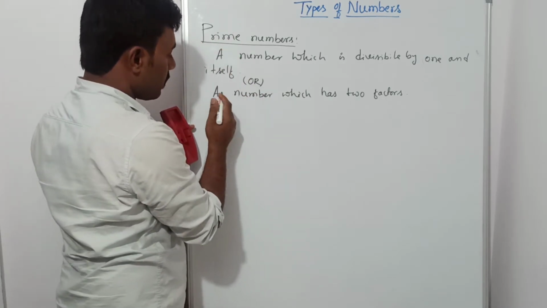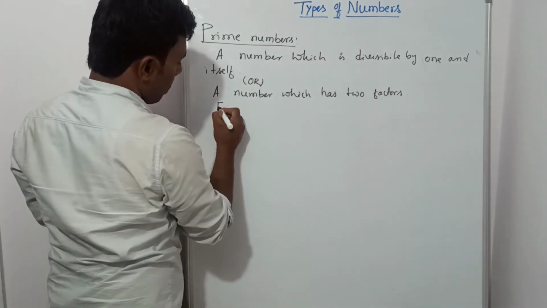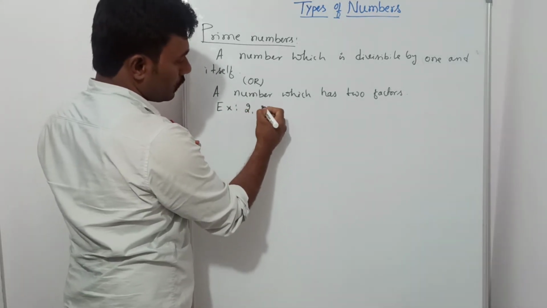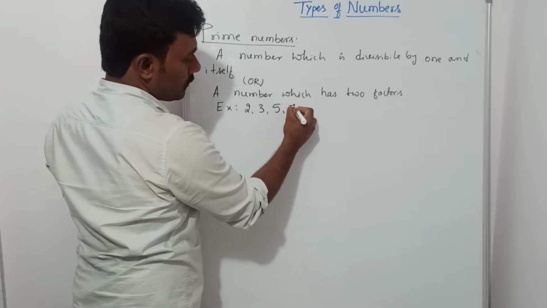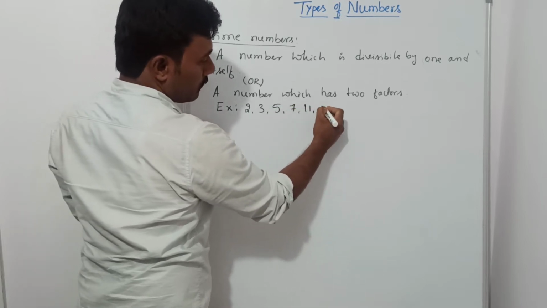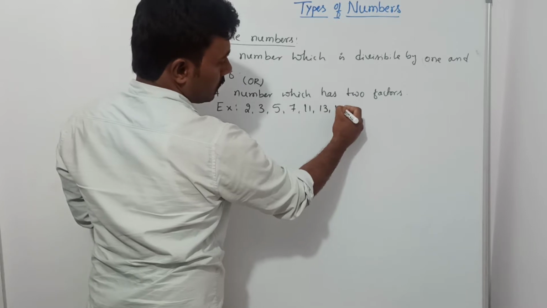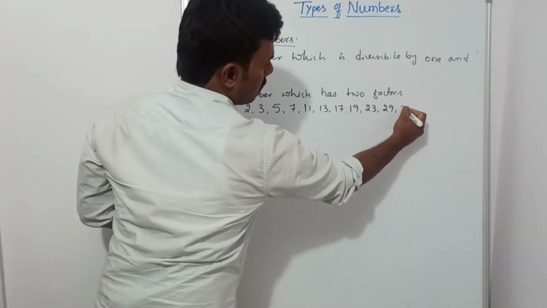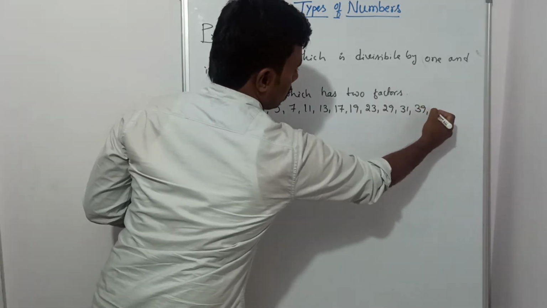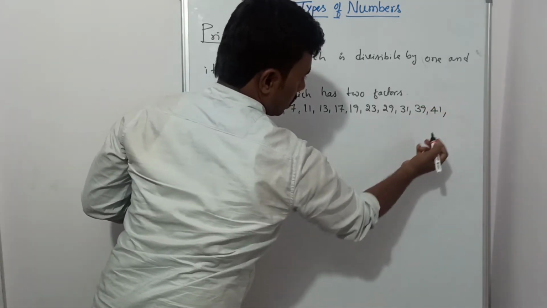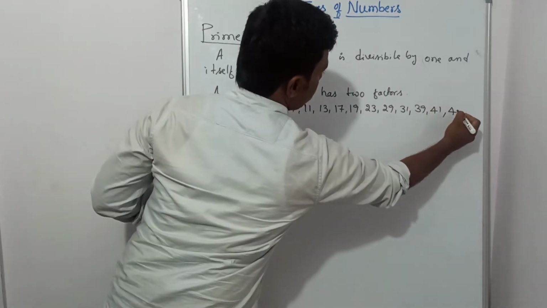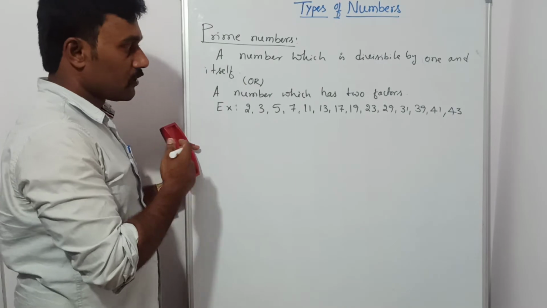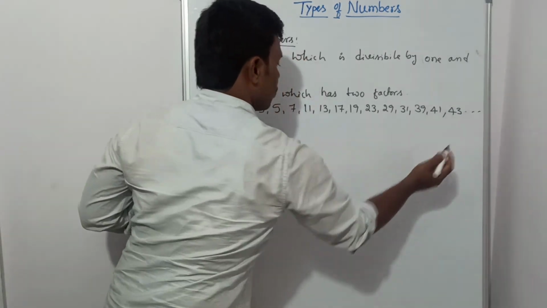Example for prime numbers: 2, 3, 5, 7, 11, 13, 17, 19, 23, 29, 31, 41, 43, 47, etc. So these are all the examples for prime numbers.